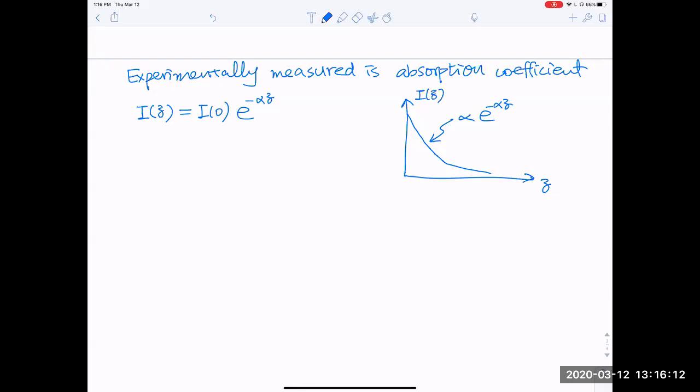What is I of Z? I of Z is what we call the optical intensity. Intensity, roughly speaking, is the square of the optical field.